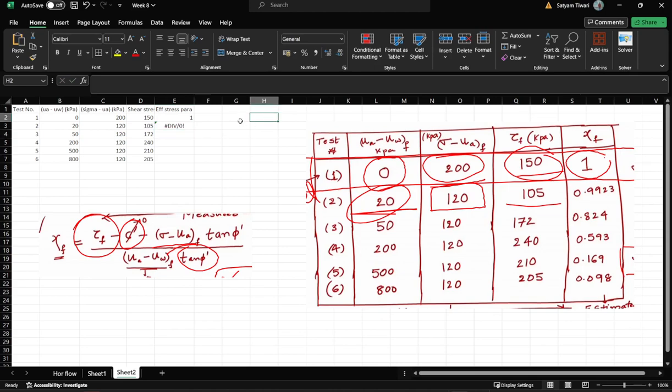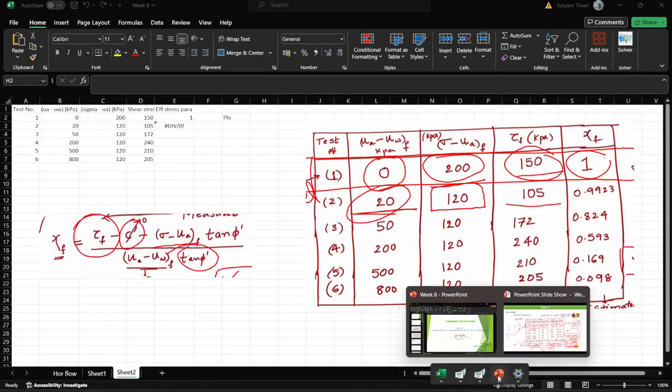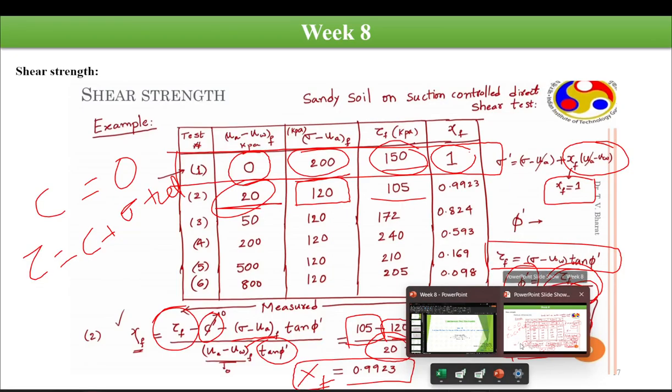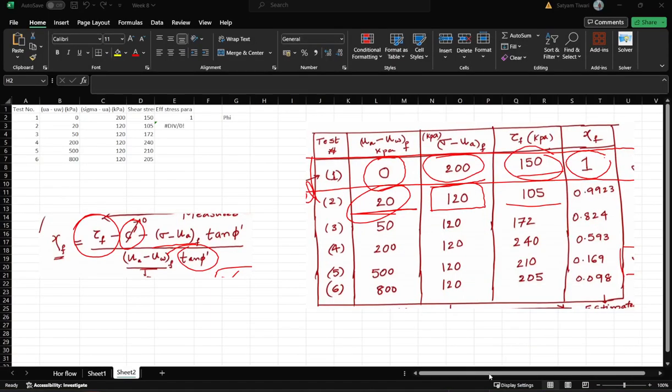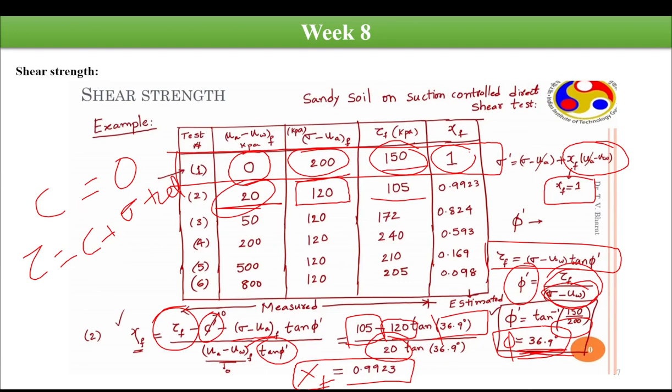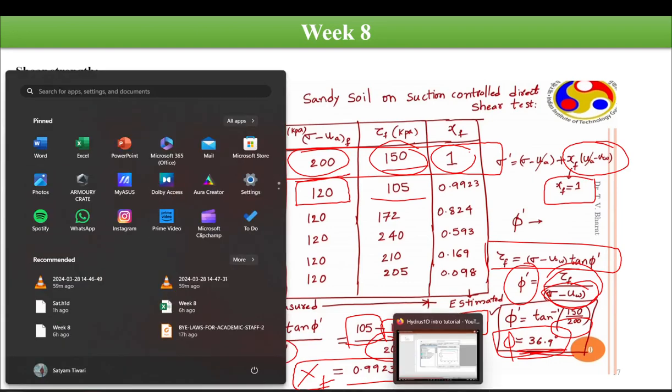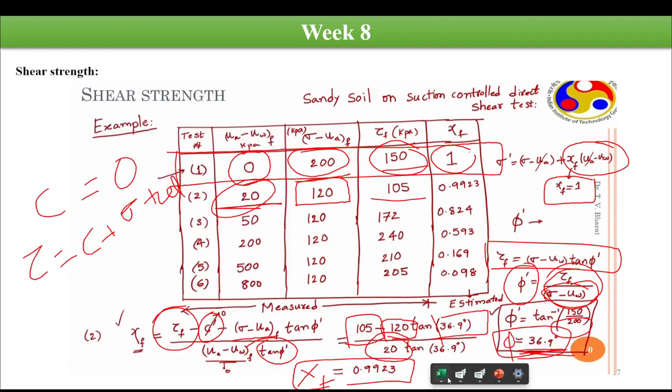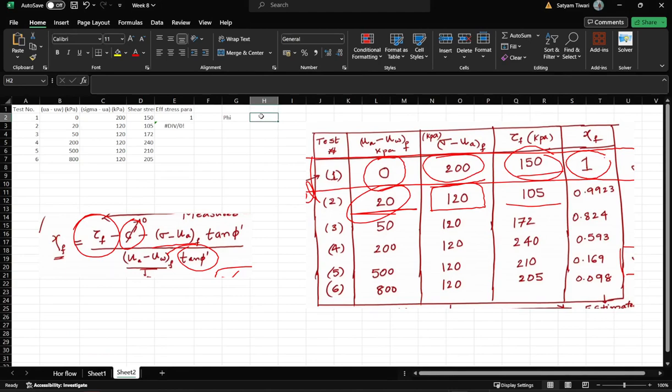So we need to define the value of phi here, what we have calculated. In the question, if you see, we have calculated the value of phi as 36.9 degrees. So we'll write the phi value here as 36.9 degrees. There might be some error.